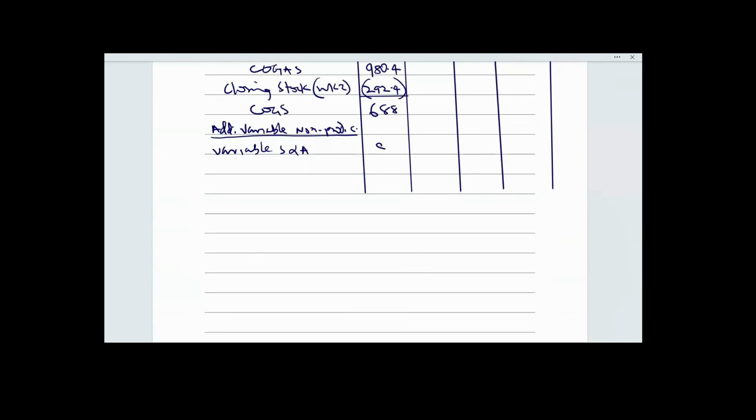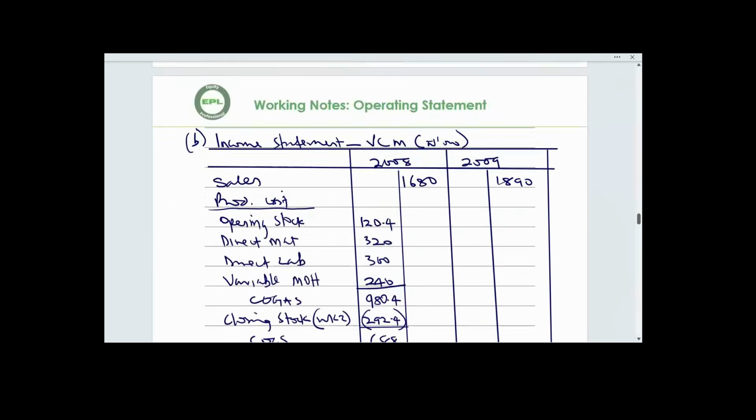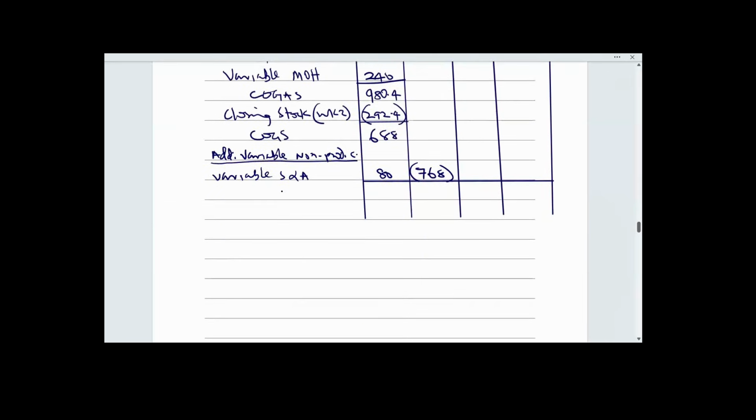So here will be 80,000. That's only variable non-production cost. So this will give us 768. 768 minus 1680. What do you get? 912. That represents contribution. You then less the period cost.